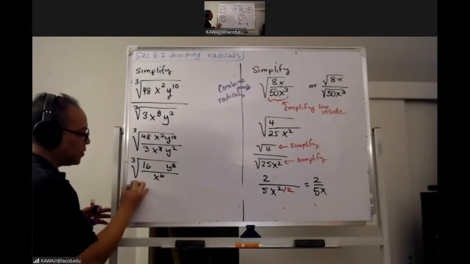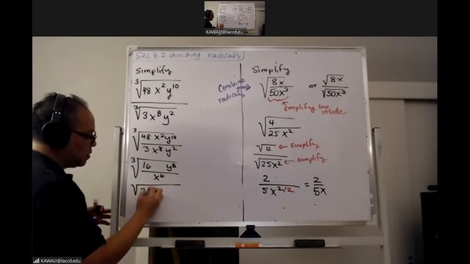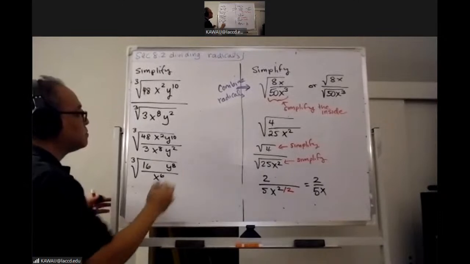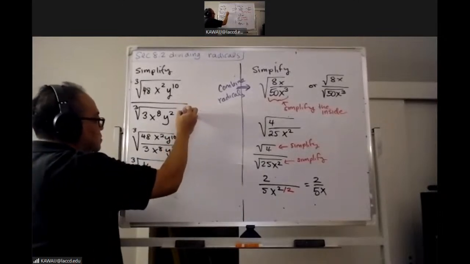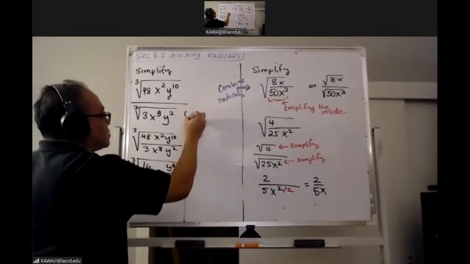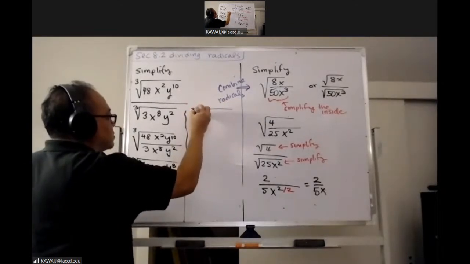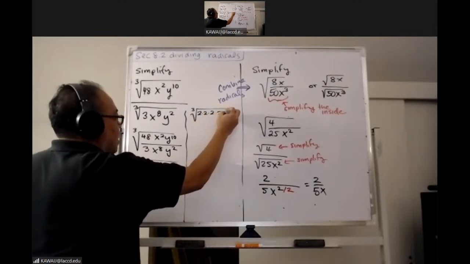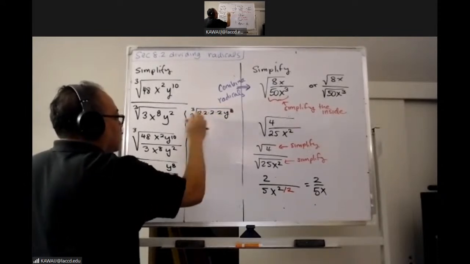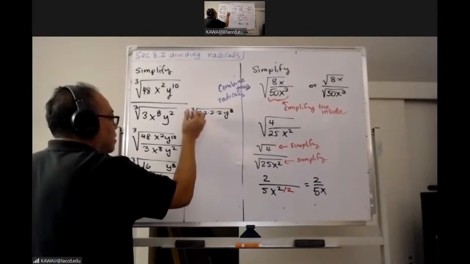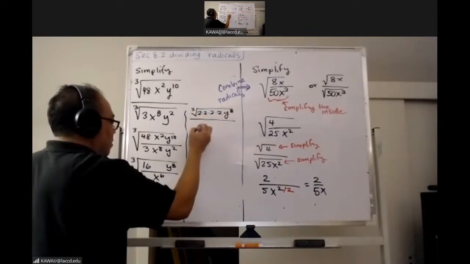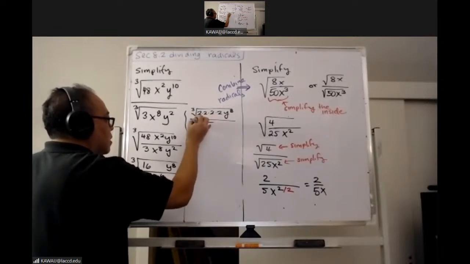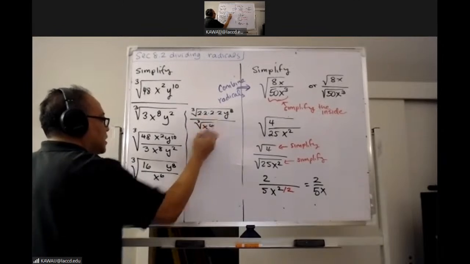So then let's break this up into 2 pieces. I'll break it up over here. Y to the 8 over x to the 6.